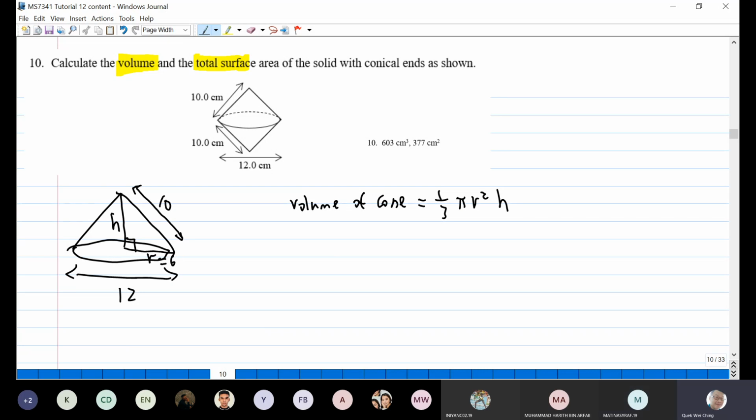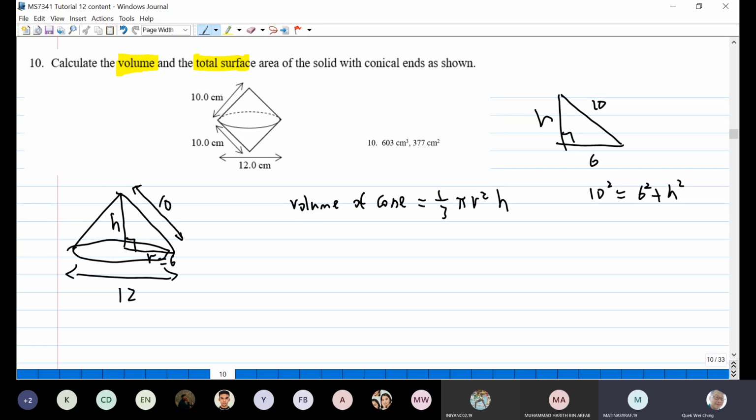So let's try to figure out h first. So you draw a triangle. This 10, this 6, this h here. So what is h in this case? So we know that 10 square is equal to 6 square plus h square.